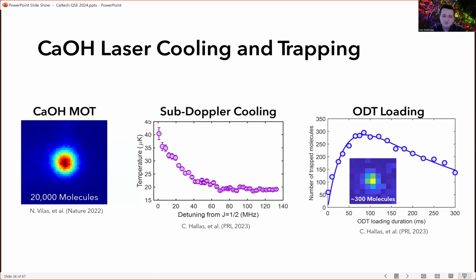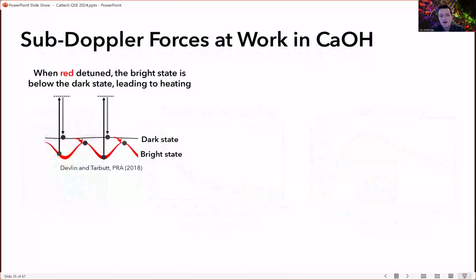So let me first try to explain what the current problem is with these existing magneto-optical traps. And this has to do with the fact that we have subdoppler forces at work here. If you look at the level structure that we have when we do laser cooling, we see that we have both these dark states as well as these bright states.